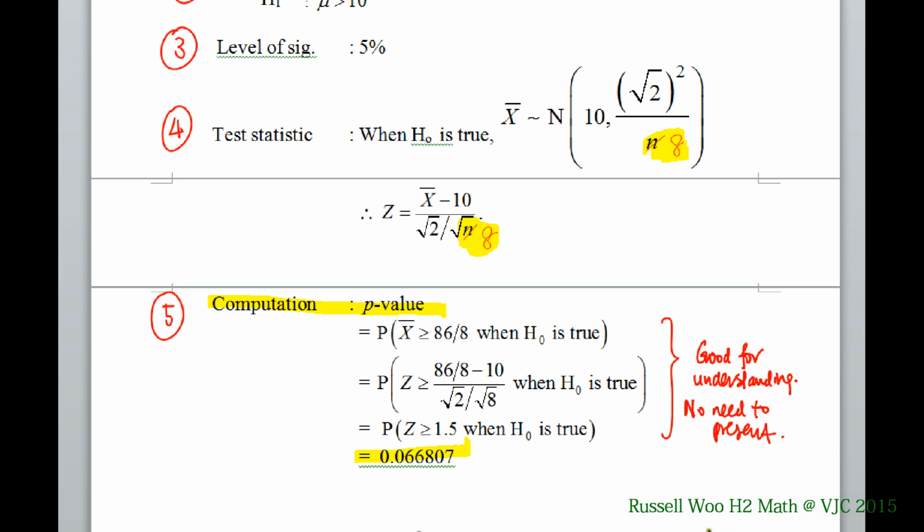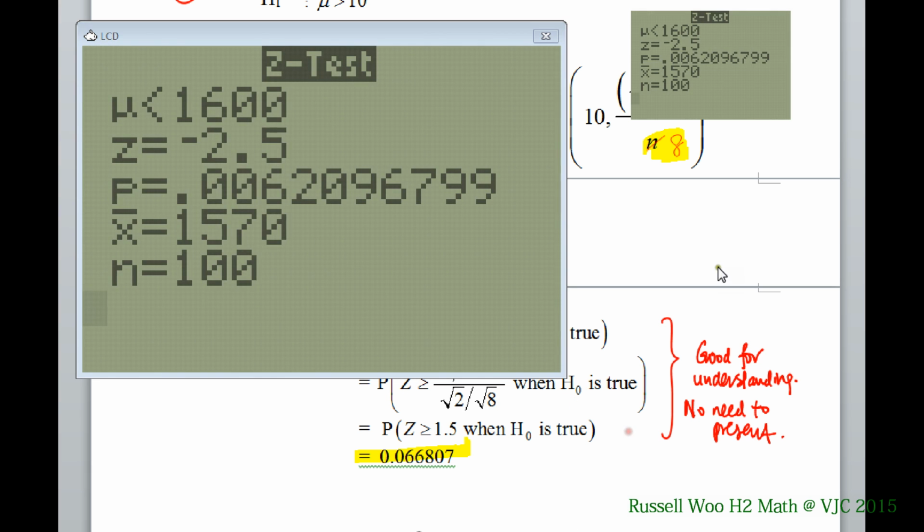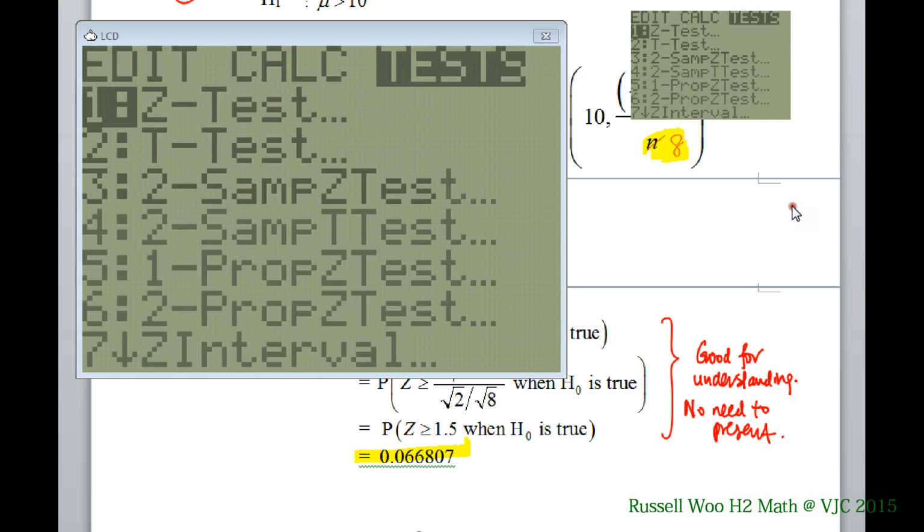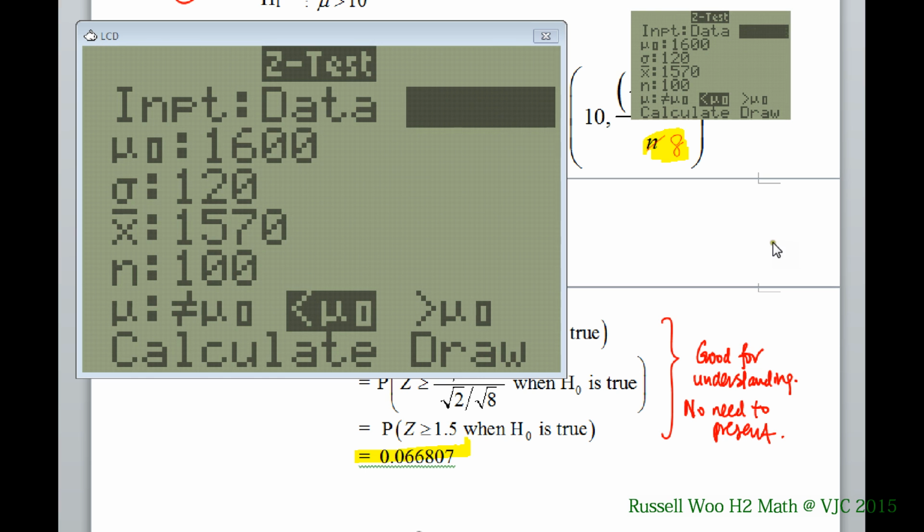Go to the GC, make sure you can get it. Your population standard deviation is not 2, it's square root 2. All right, square root 2.